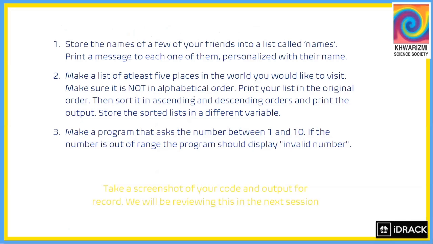Just try them out. And like Mohsina said, if you're using a different compiler or a different shell, like I was using the IDLE shell, if you're using PyCharm or Sublime Text or anything other than IDLE, you would probably see a list of options when you type in a function name. So explore what that list of options is, what different parameters you can give it. And here are the exercises. Again, try these out. You don't necessarily have to send me a screenshot of the code.